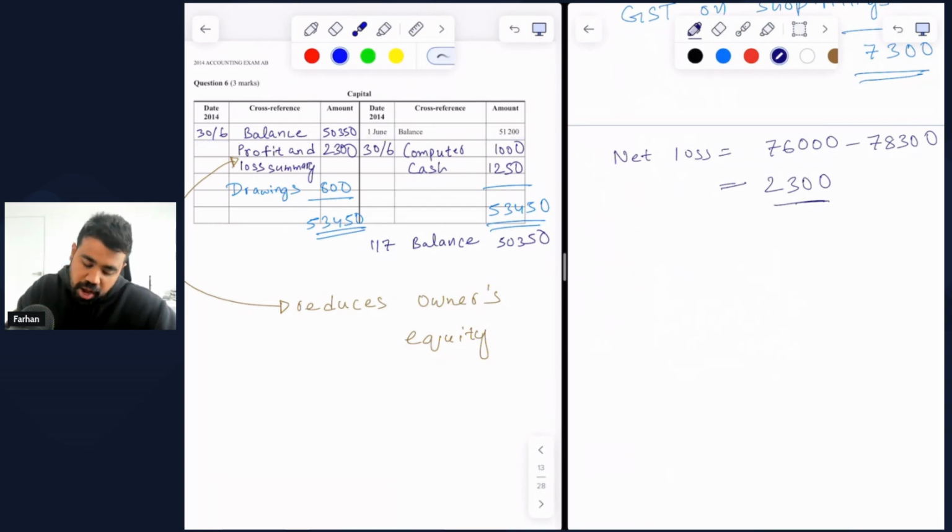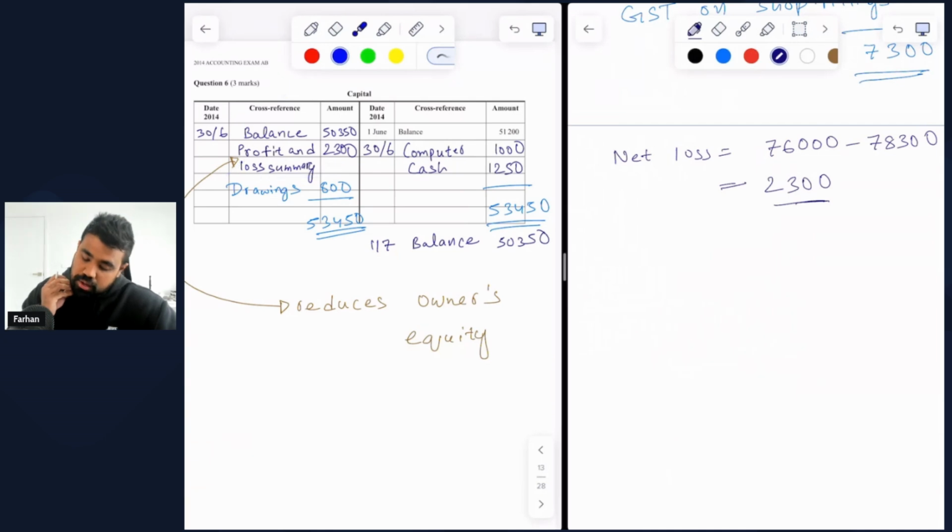Now, on the debit side, you can also see that I have included the loss of $2,300, and I've written profit and loss summary as the cross-reference, which is the correct way to do so, because this loss of $2,300 comes from the closing of the revenue and expense accounts, which are directly relevant to the profit and loss summary, and you therefore should write profit and loss summary here.